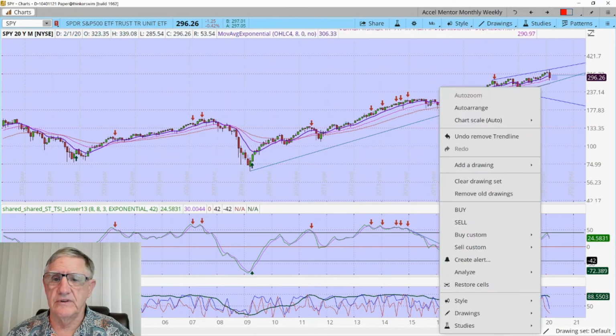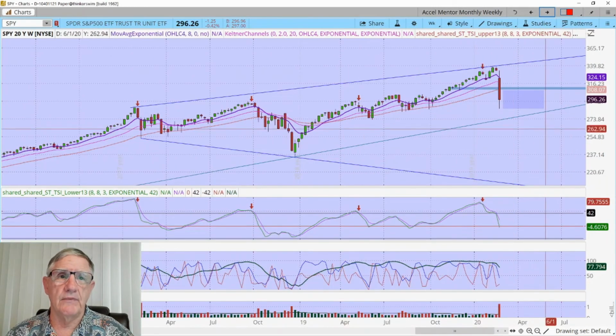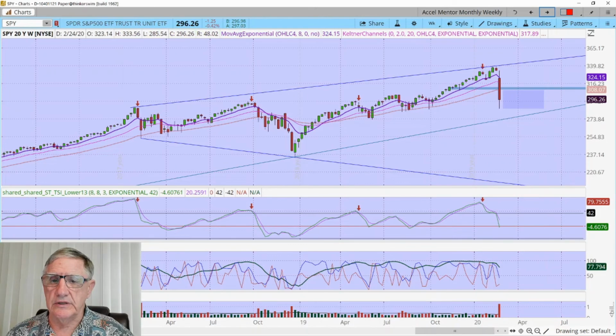And I'll just leave this with you for the last pattern. Let me go back this way. That pattern would look something like this. We get a bounce back up in here, a reversal, a bounce down, a reversal, a bounce down, a reversal.